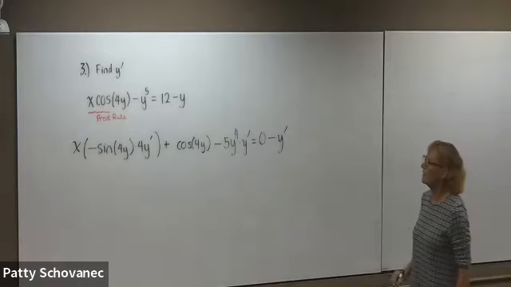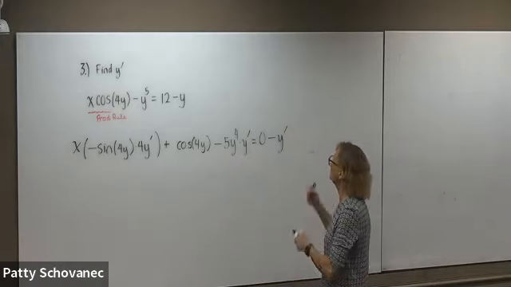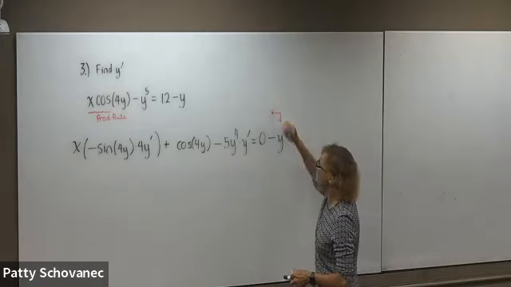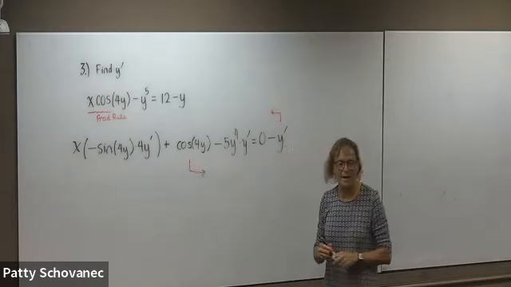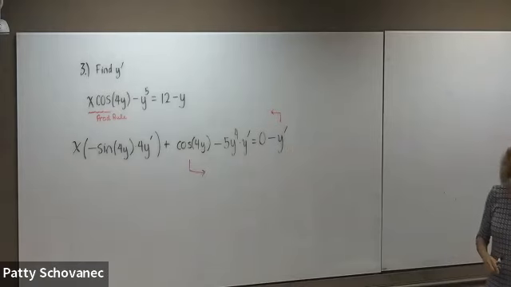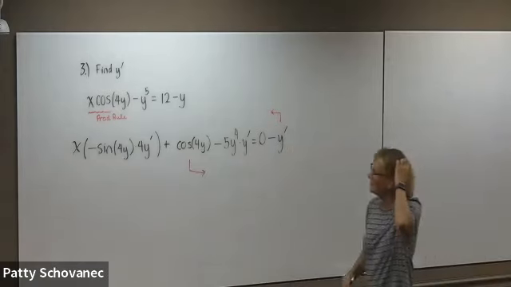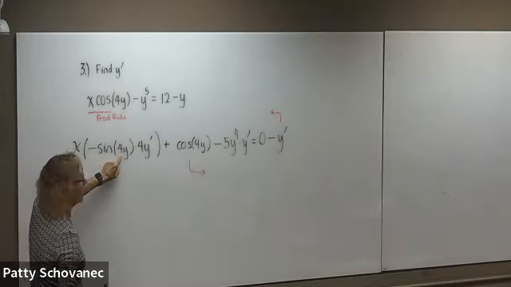So let's see. I've got a y prime term here, here, and here. I'm going to move those to go with the other y prime terms. This is a non-y prime term. I'm going to subtract that and put it on the other side. I'd also try to write this stuff without parentheses. So I'm going to write this as minus x sine of 4y.